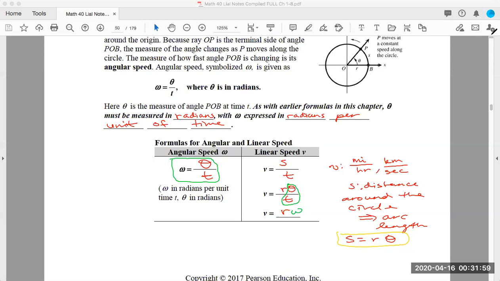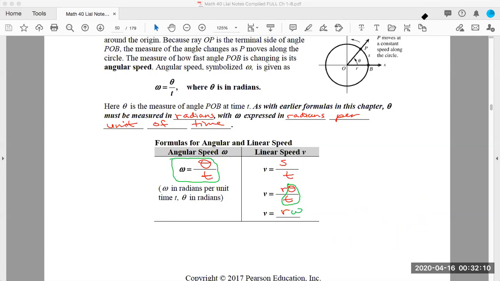So one more thing I want to emphasize before we move on. In terms of units for angular speed, a good way to think about it, you have some angular change per time.